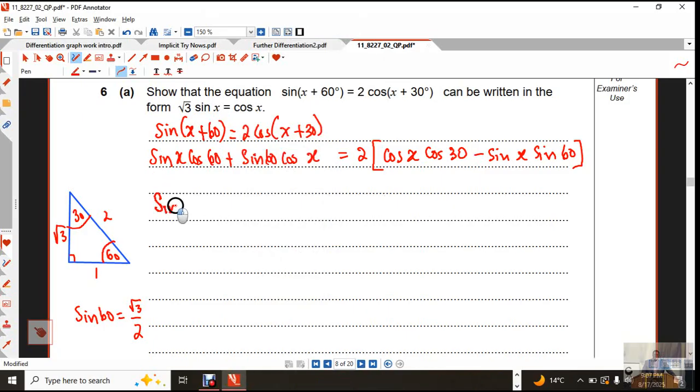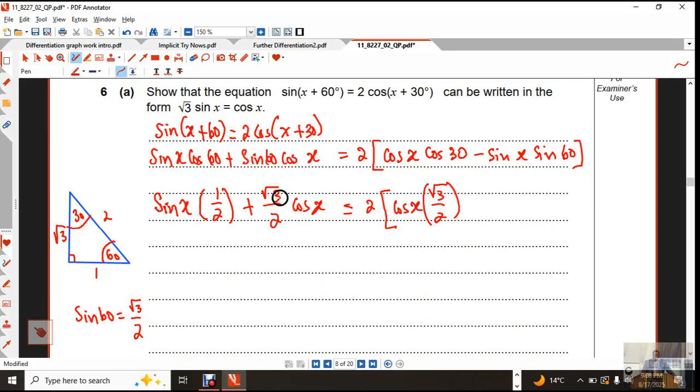So over here I've got sine x, but the cosine of 60 degrees, cosine is adjacent over hypotenuse, so the cosine of 60 degrees is 1 over 2, plus the sine of 60 degrees, which I was saying is root 3 over 2, multiplied by the cosine of x. And I happen to have 2 here. Then I have cos of x and the cosine of 30 degrees, which is root 3 over 2.